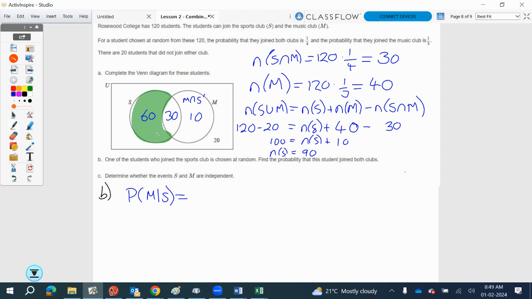It says one student chosen at random who joined the sports club. That means S is given. We want them to also join both clubs. That means they then join the music club. So this is the probability of M intersection S over the probability of S.